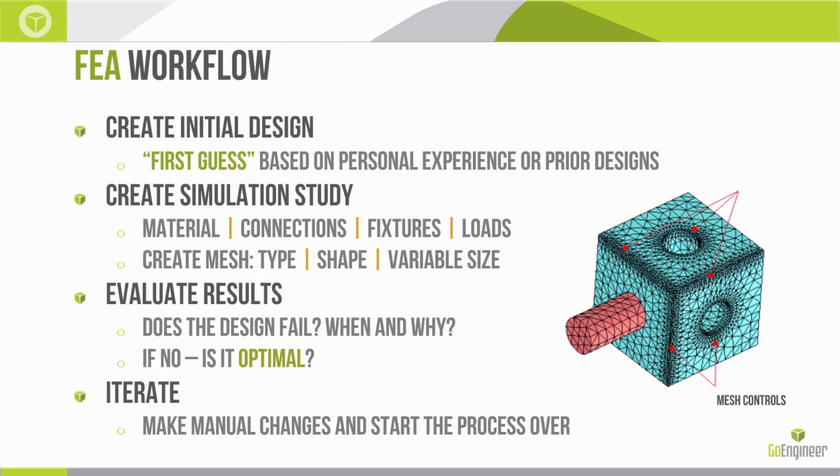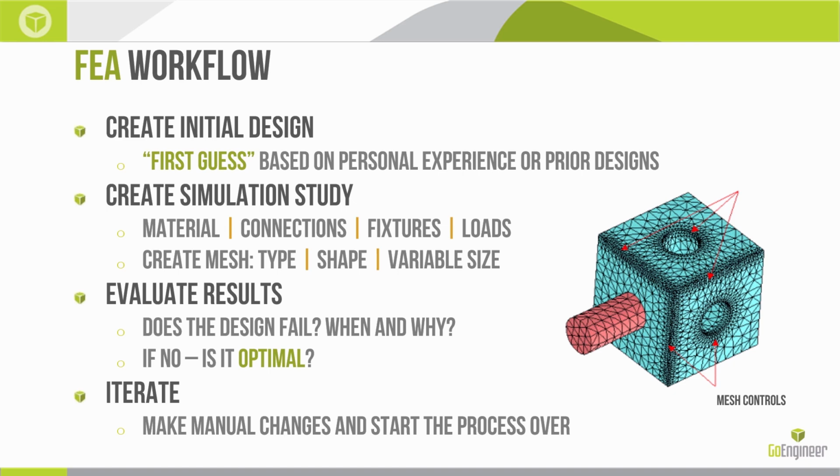I call it a first guess, and that first guess as to what the part should look like is kind of based on my own personal experience, or sometimes I'll look for prior designs, things that have worked in the past. One of the downsides of that is I have a bias, what have I personally done in the past, or what have other people done in the past? So it's very hard for me to come up with novel or unique or new designs this way.